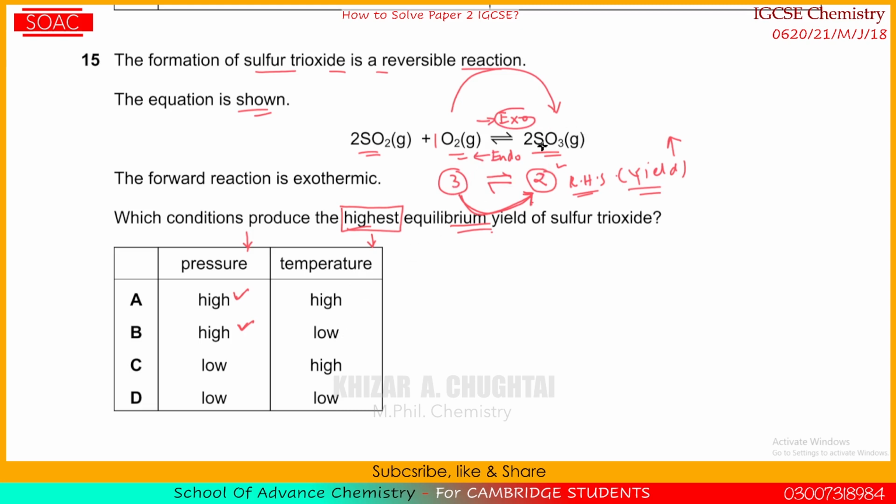If we want to shift the equilibrium towards the right hand side to increase the yield, then low temperature favors the exothermic side. So if we want to increase the yield of sulfur trioxide, then temperature must be low and pressure should be high. So low, high, and B is the correct option.